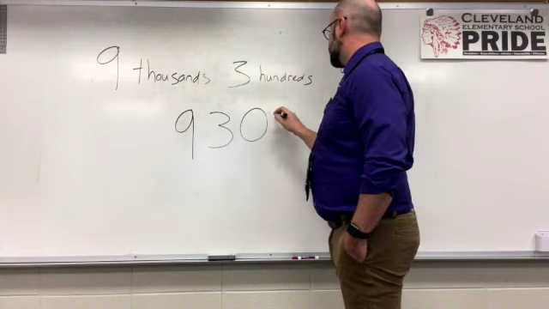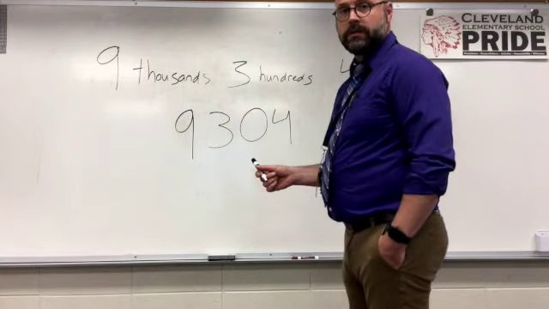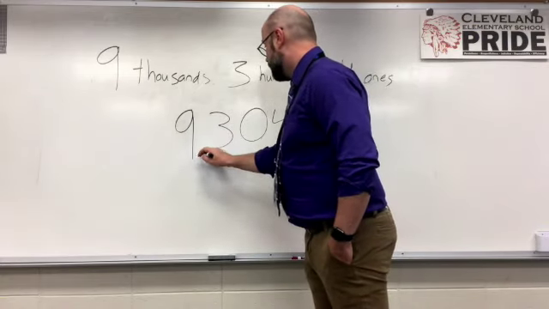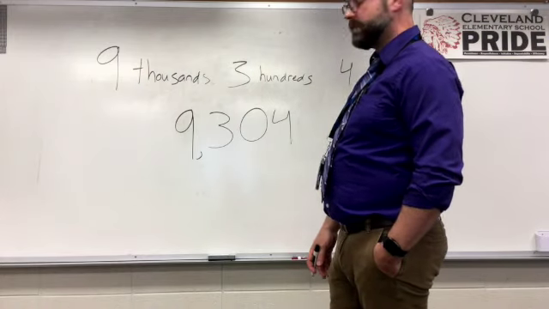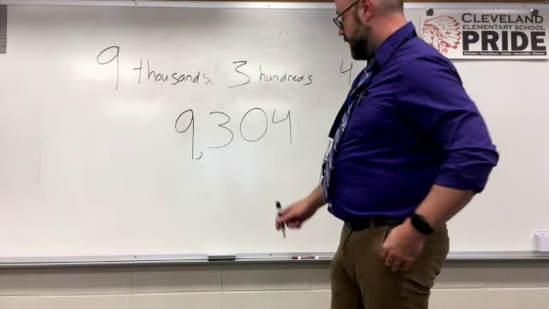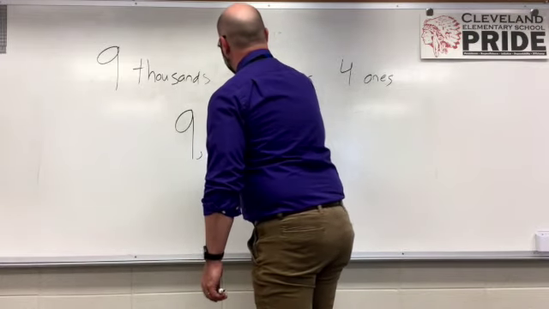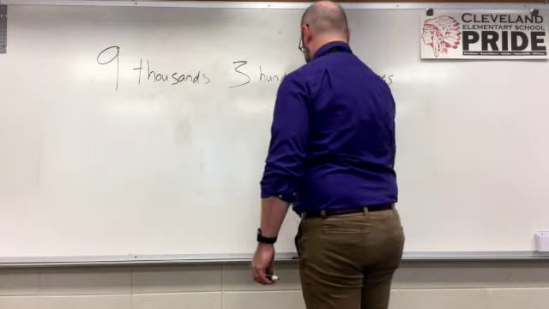And 4 ones, 4. Now where does my comma go? Refer to a couple minutes ago. 3 numbers on one side of the comma. Bam, 9,304.